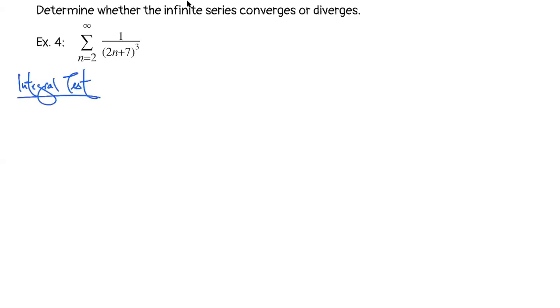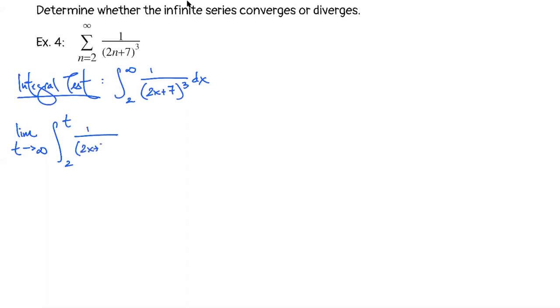All right, so if I'm going to do the integral test, that means I'm going to take the integral from 2 to infinity of 1 over (2x plus 7) cubed dx. And so that is a throwback to chapter 10 where we're looking at our improper integrals, right? So we're going to take the limit as t approaches infinity from 2 to t of 1 over (2x plus 7) cubed dx.